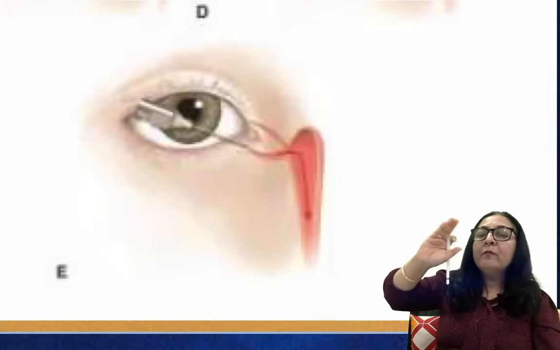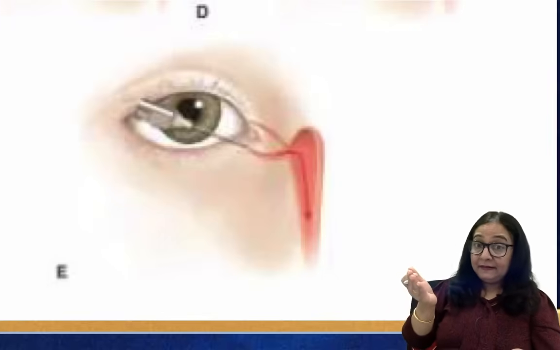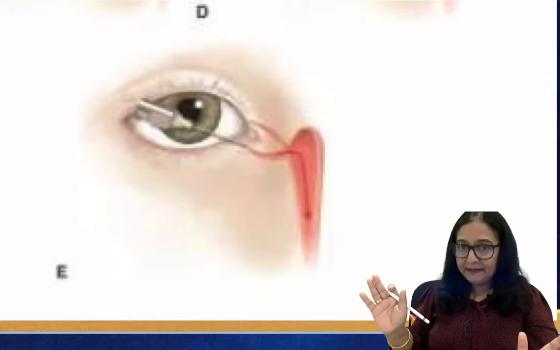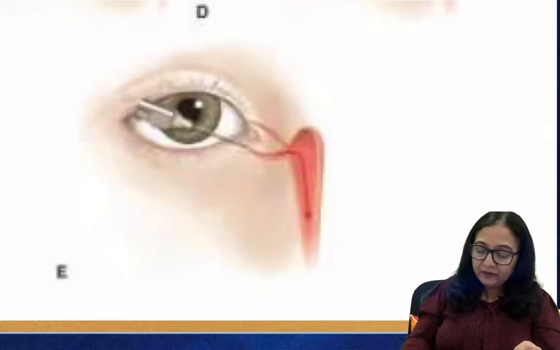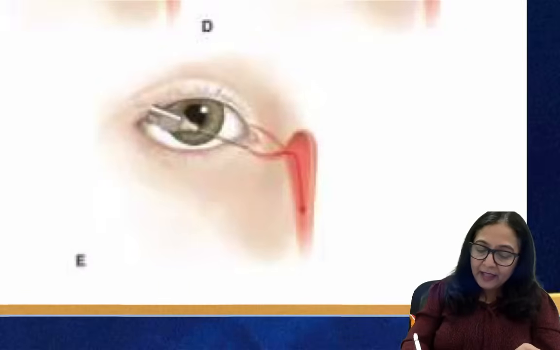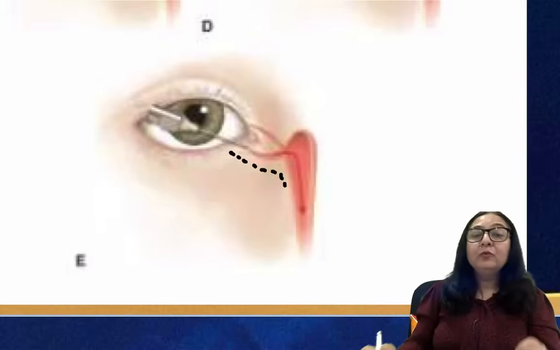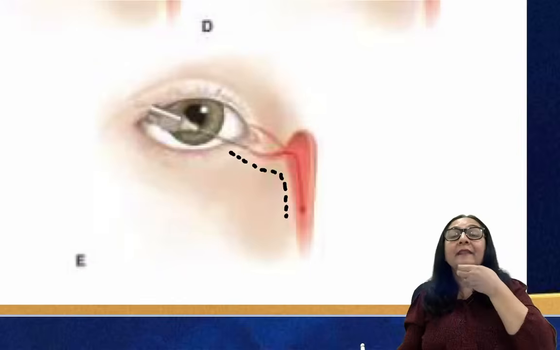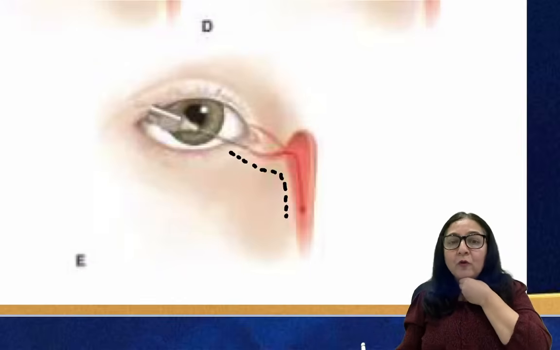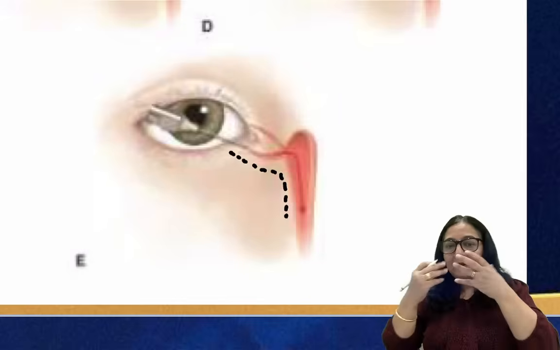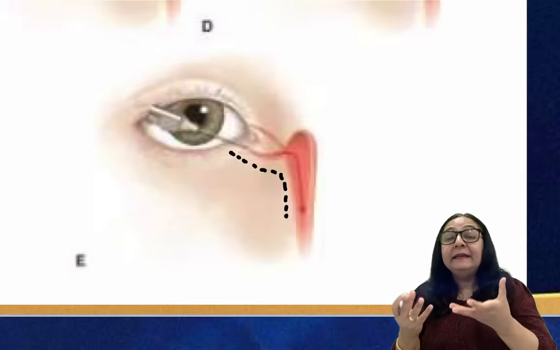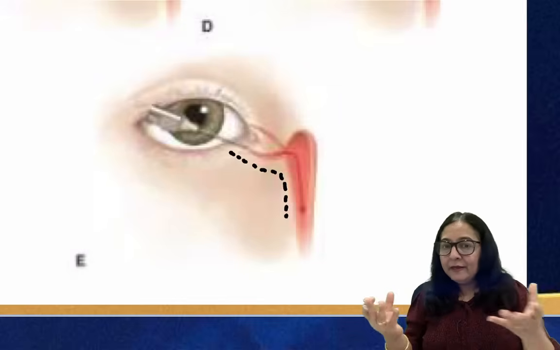If your probe passes without any resistance, it means the passages are patent. Then if you do the syringing and the fluid passes through the lacrimal drainage system and the patient gets the fluid in the throat, it means it's a patent lacrimal passage.